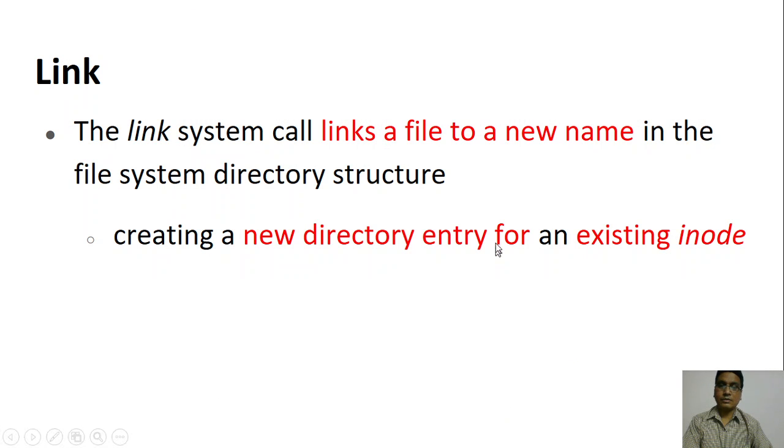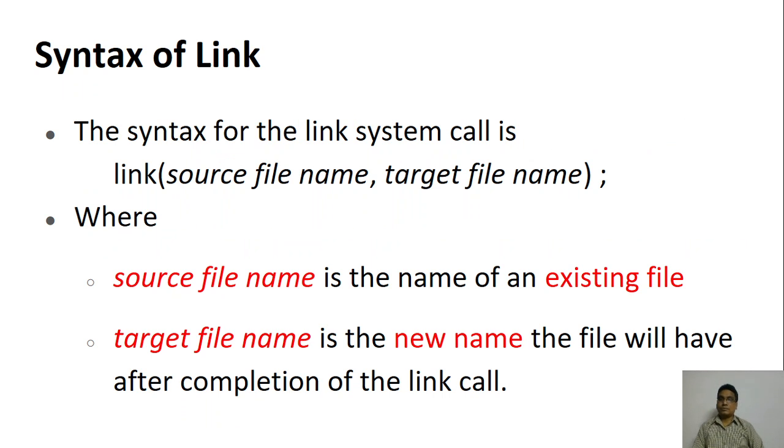Now let's come back. With that knowledge, we can come back to our PowerPoint here. So link is used to create a shortcut. Technically we say that a link is a system call that links a file to a new name. It just adds a new directory entry for the existing inode.